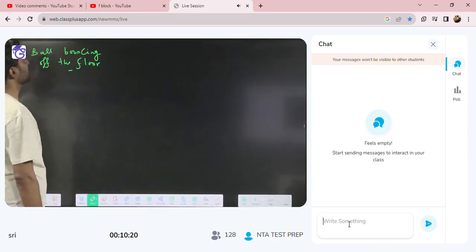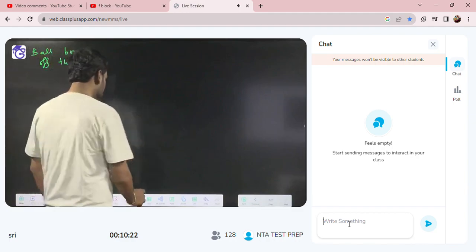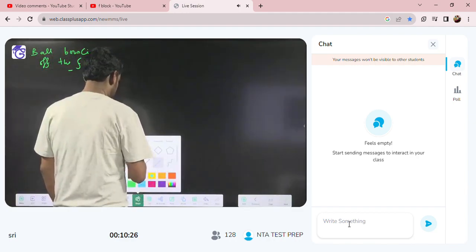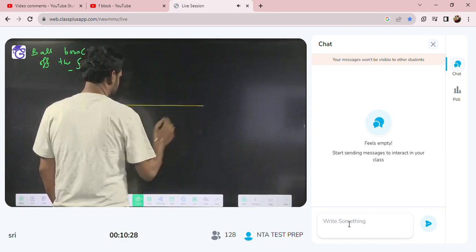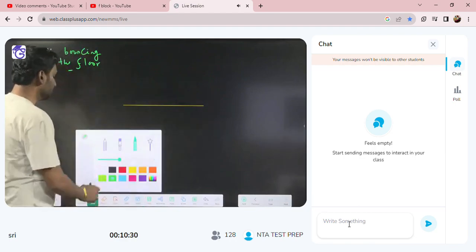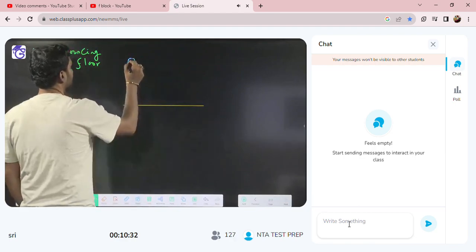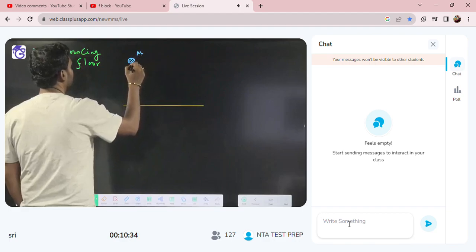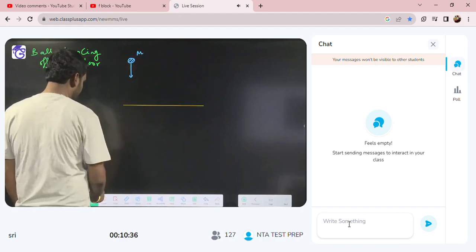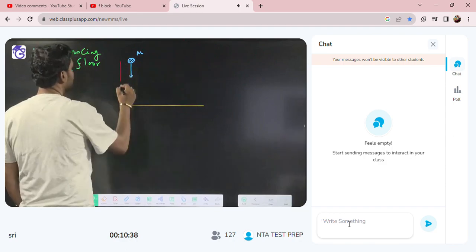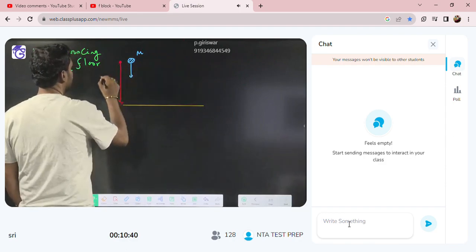So ball bouncing off the floor. Ball bouncing off the floor is, so let us assume that this mass m is getting dropped from a height of h naught. This is h naught. Let's assume that.